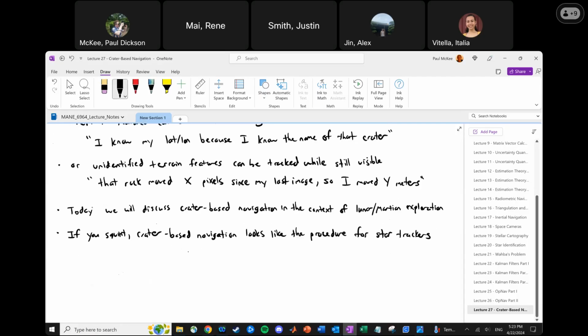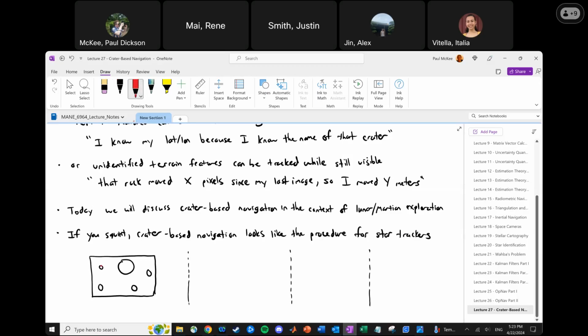So we'll do some dotted lines here. Okay. The first one is if you've got an image of the moon. Let's say you're looking straight down at the moon and you see crater, crater, crater, big crater, small crater.